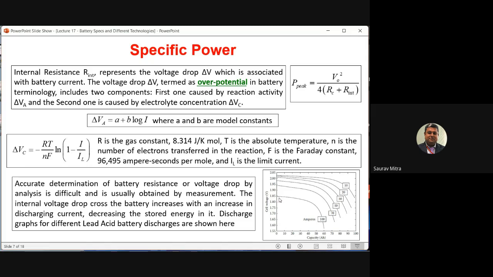So you have to notice that if you put too much load on the battery, the curve goes down. It is saying that I'm not able to give you that high voltage. In that case, we'll be starting from 1.85. Somebody asking for 20 ampere will start from 2.01 instead of 2.03.